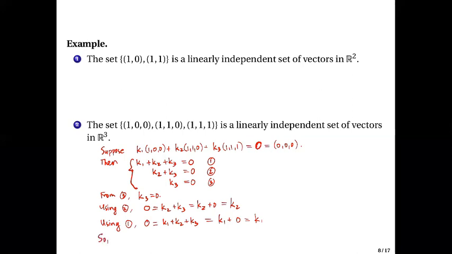So the set (1, 0, 0), (1, 1, 0), (1, 1, 1) is linearly independent. Okay? Questions?